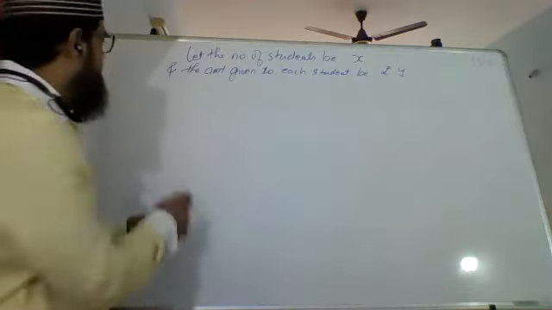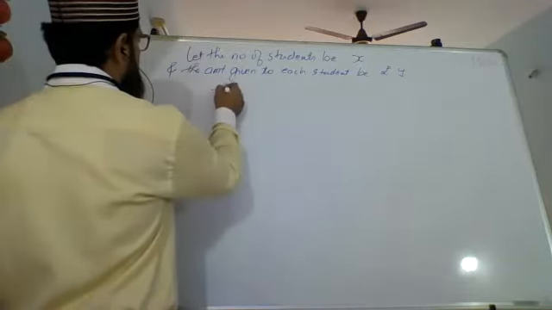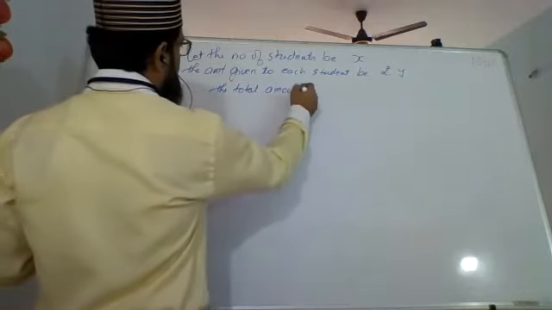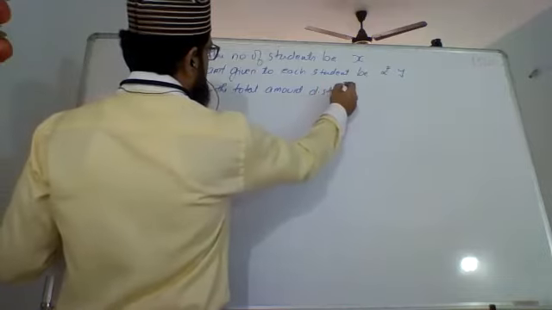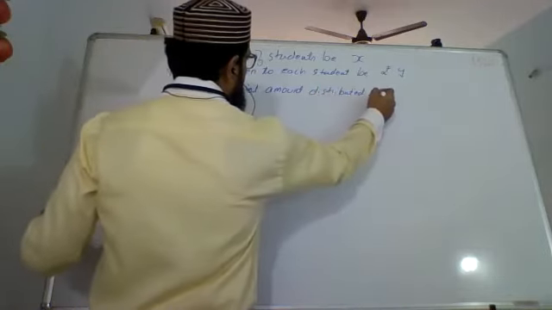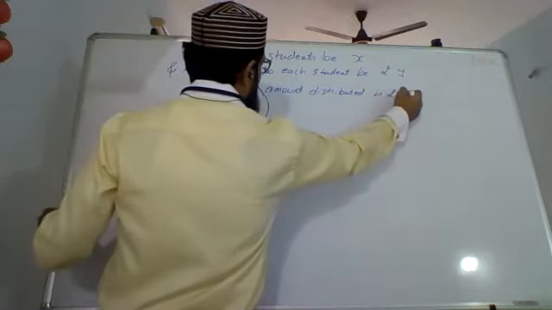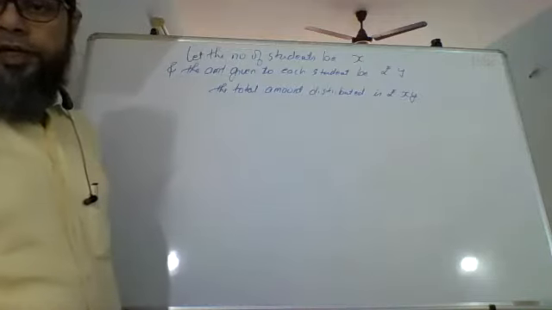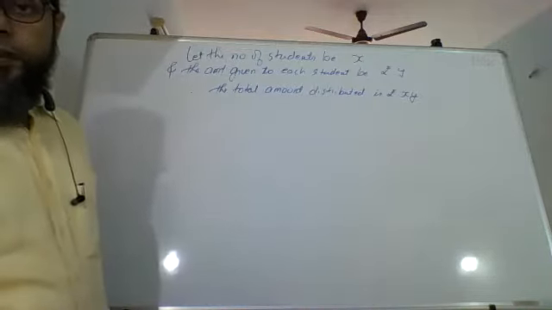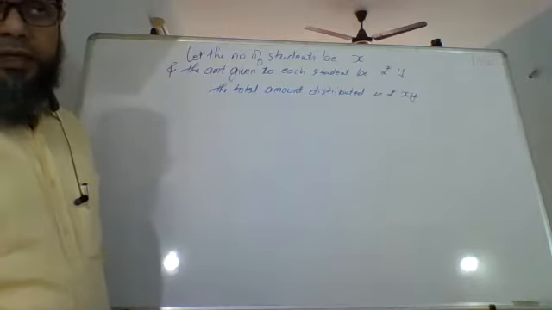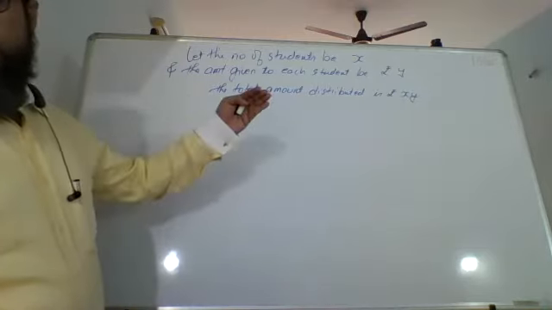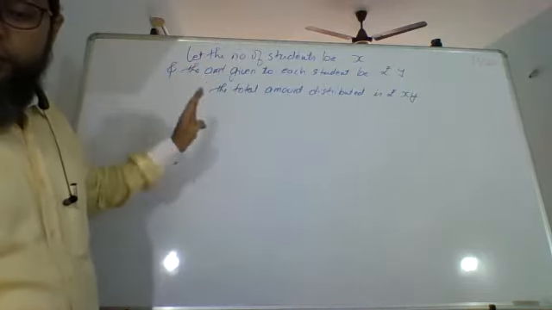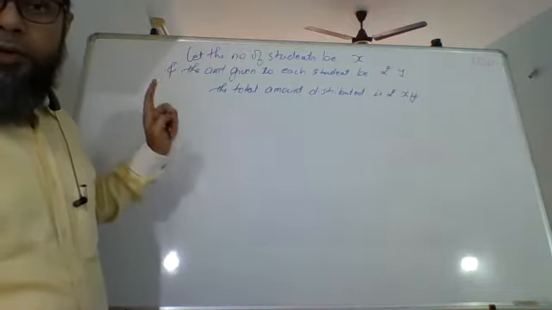So we get therefore, total amount distributed is rupees x into y, that is xy. Now this is not going to change. ठीक है ना? स्टूडेंट्स को कितना मिल रहा है? ये 2 रुपये से कम होगा या 6 रुपये से बढ़ेगा, डिपेंडिंग ऑन द नंबर ऑफ स्टूडेंट्स, बट द अमाउंट रिमेन्स द सेम.